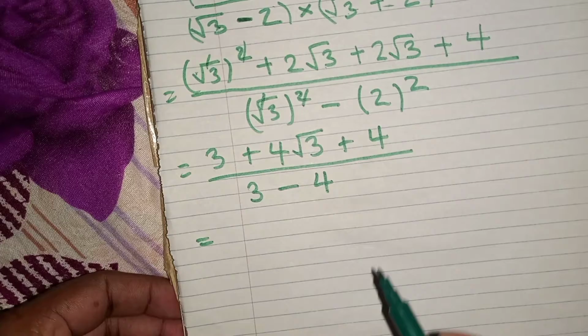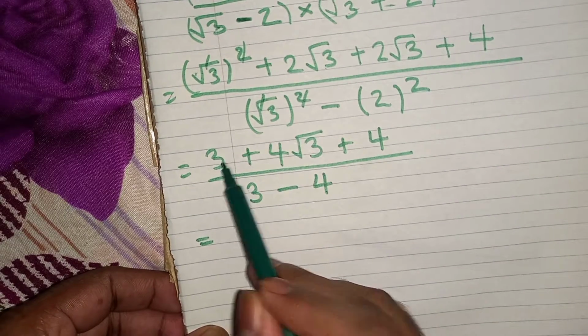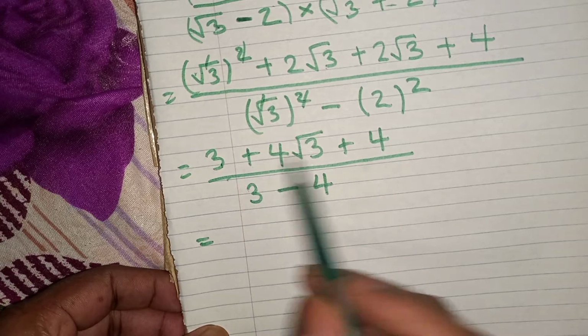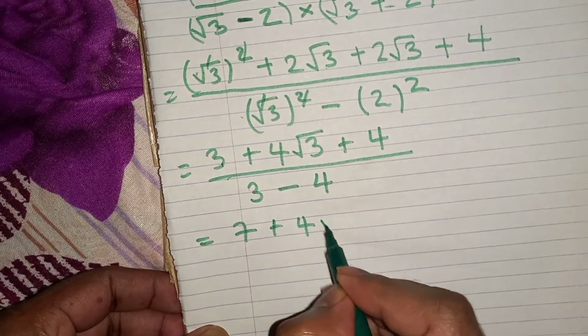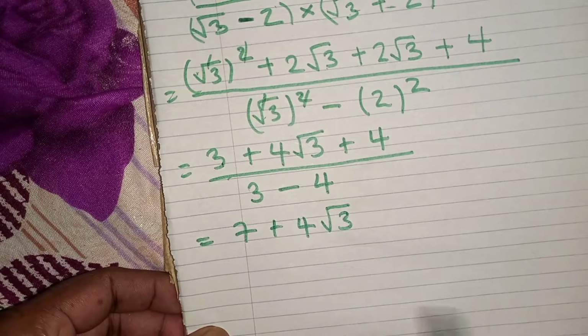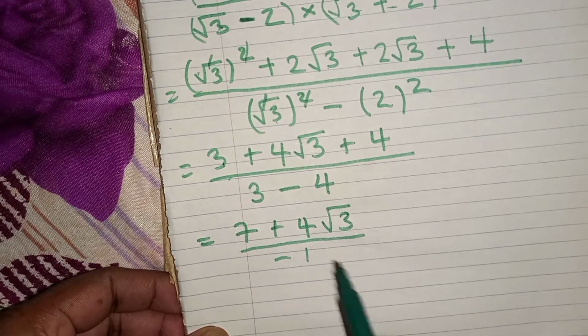Okay, it looks simple now. So these two are like terms, 3 and 4. 3 plus 4 is 7 plus 4 root 3, and then everything is divided by 3 minus 4, which is minus 1.